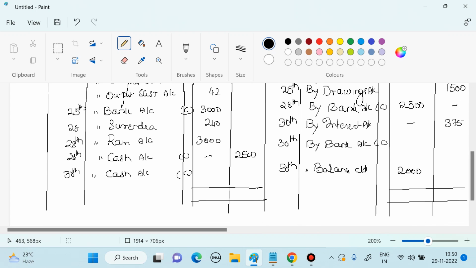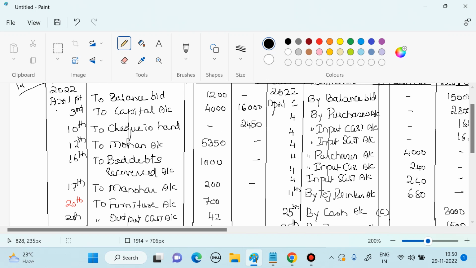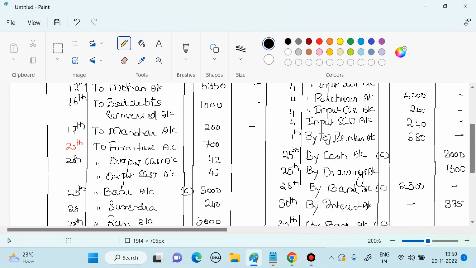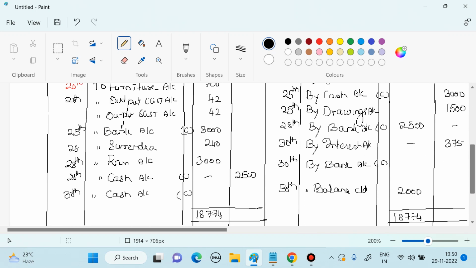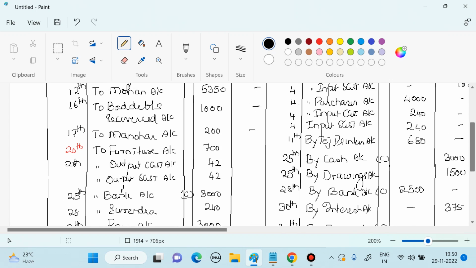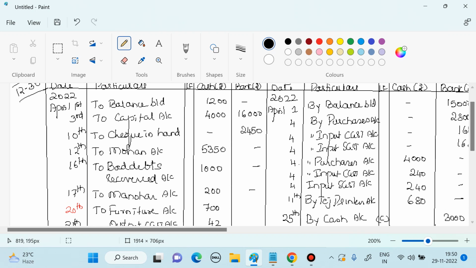The total of that comes to 18,774. That we would write on this side. And now we are retaining 2000 and we have these items of outflow, so subtract all this from 18,774.